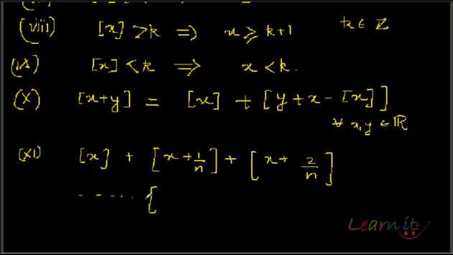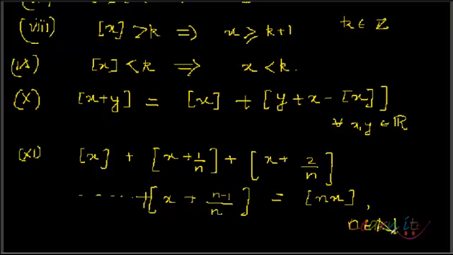N is, mind you, a natural number here. We are taking n as a natural number. So that is nothing else but the greatest integer function nx actually. So we'll look into detail of these properties in the next video.